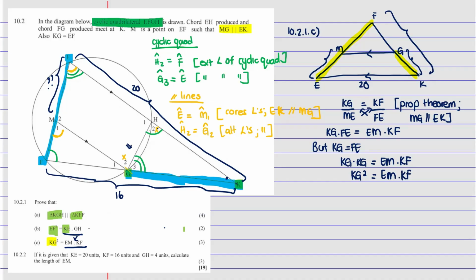But let's link these two. Do you see that this KE is here, and this KF is this one? Let's do it in the highlighter so that you can see.